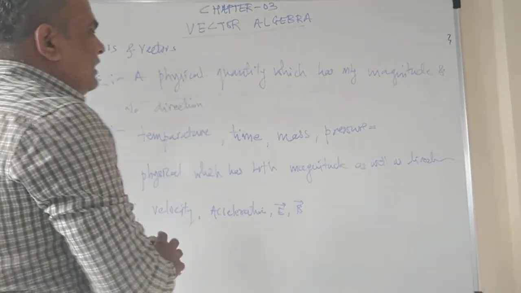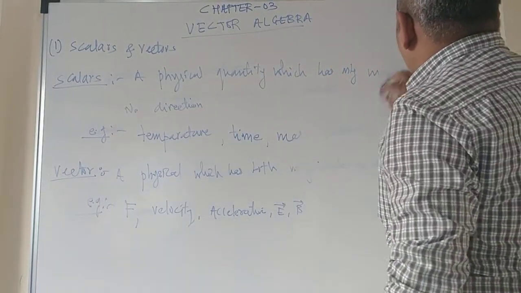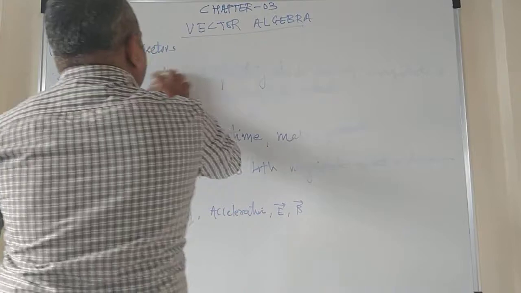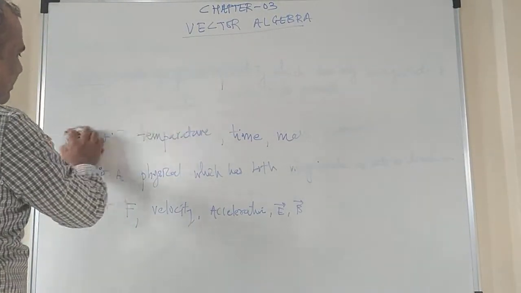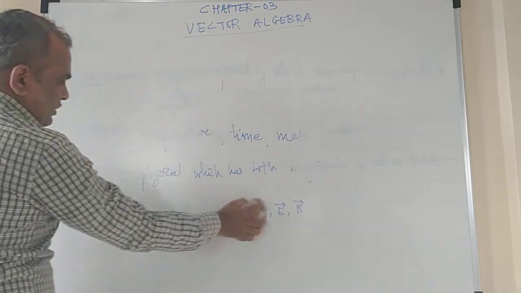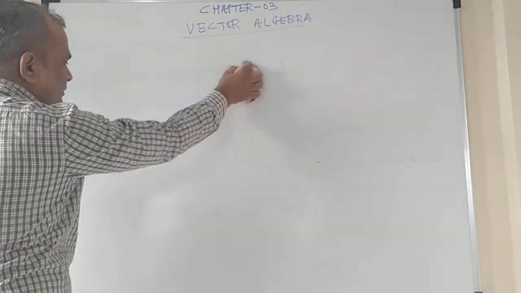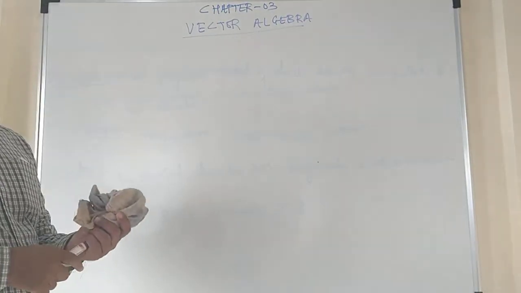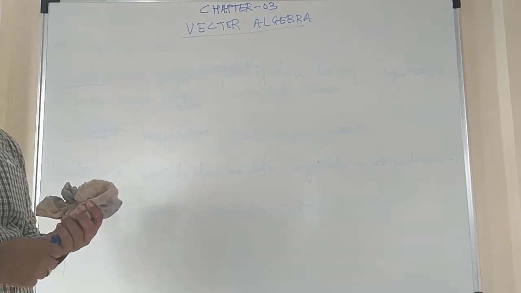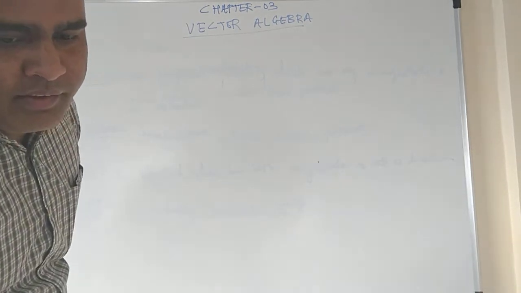Now these vectors are a point of importance for us today, because we have to study the vectors mainly. So these vectors are represented with the help of arrows. Whatever the diagram gets formed, that is called as geometrical representation of the vector.